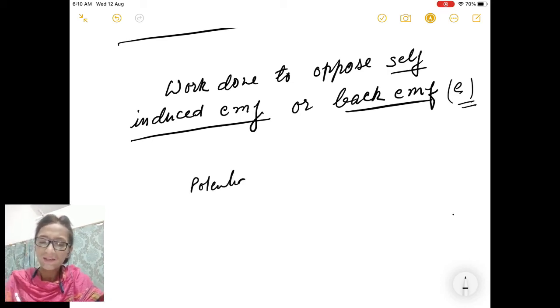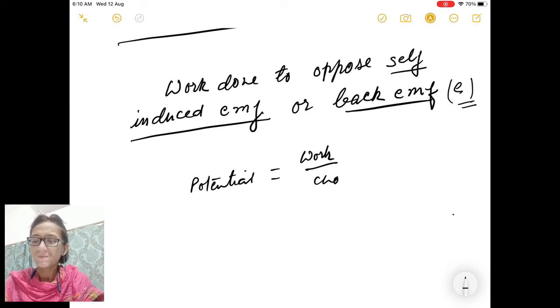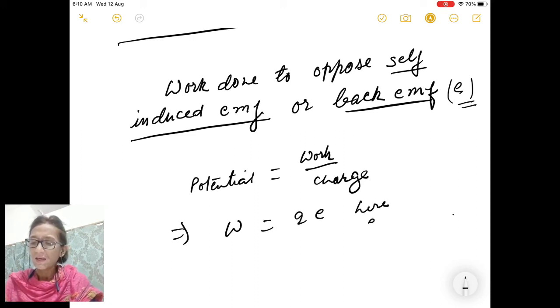Now potential is equal to work done per unit charge. It implies that work done is equal to QE, where E is the potential, that is the back EMF.